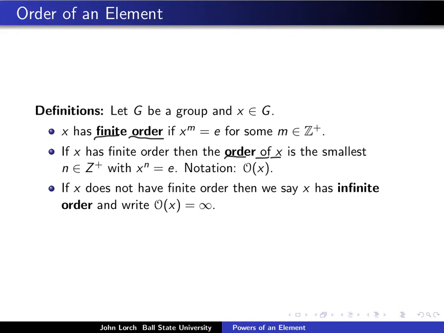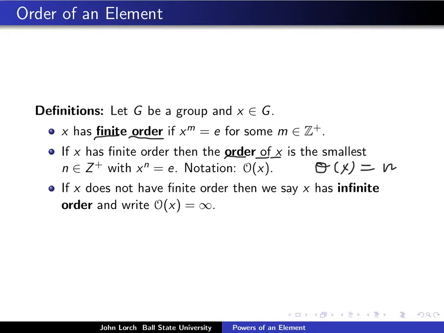So the notation for this special number n, which is the order of the element X, is this script O of X. So in this instance, we would say script O of X is equal to n.